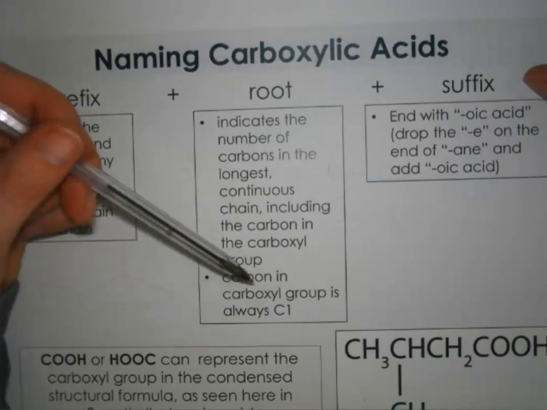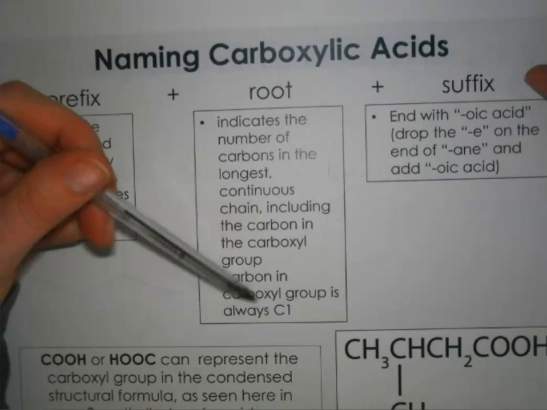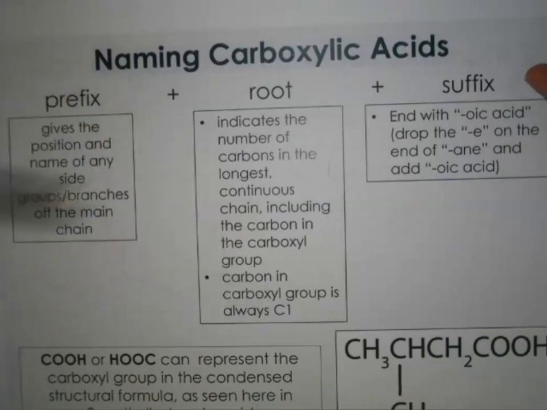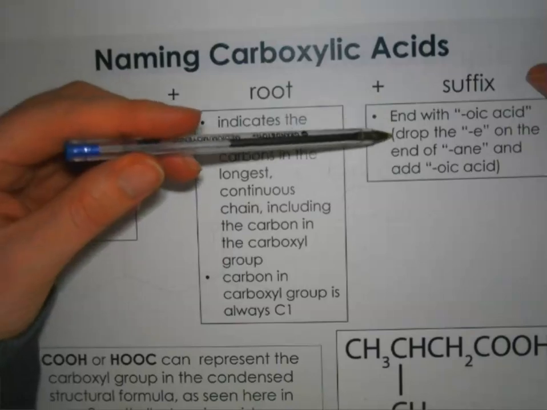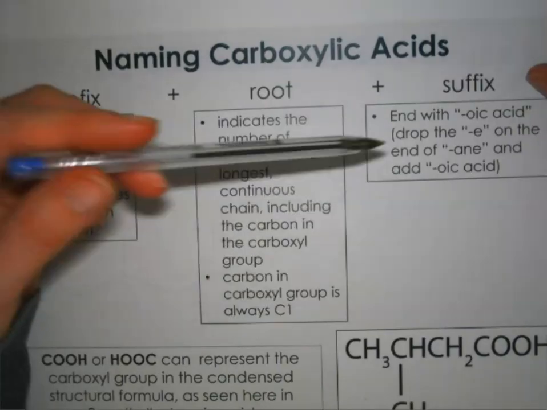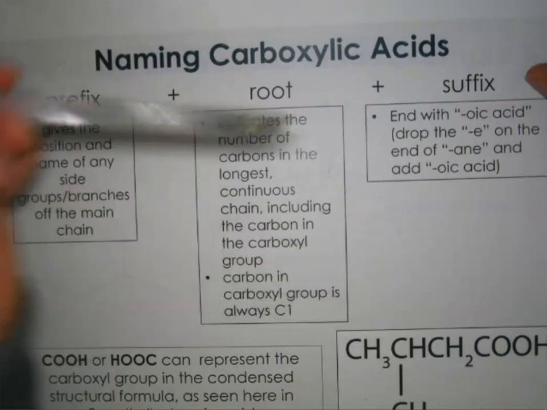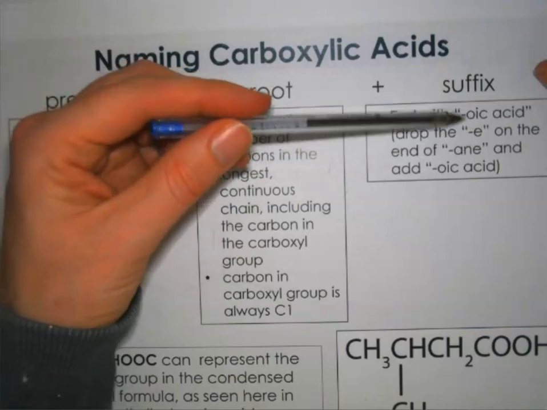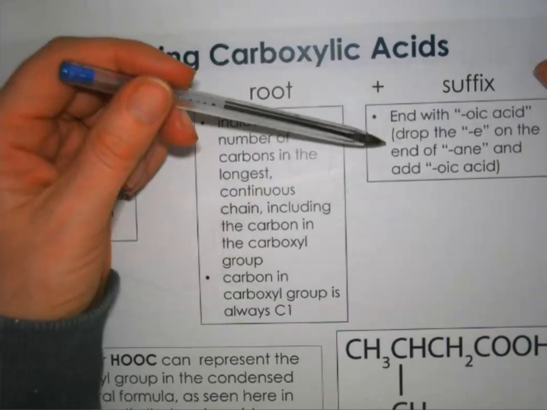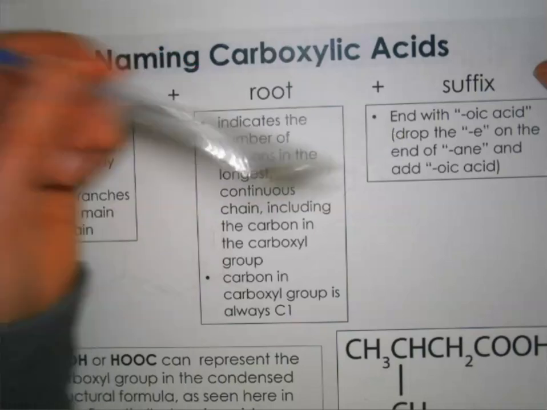And that carbon that has the carboxyl group in it is always numbered carbon number 1. For the suffix, for example, if we had propane, like if we had 3 carbons as the root, we drop off the E and replace it with oic acid, so it would be propanoic acid instead of propane, okay?